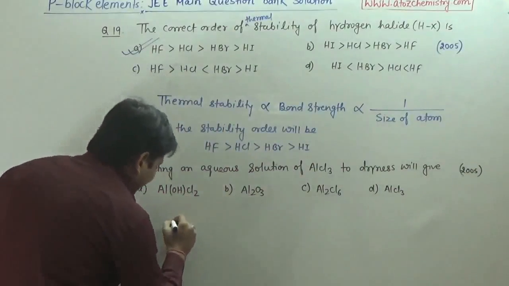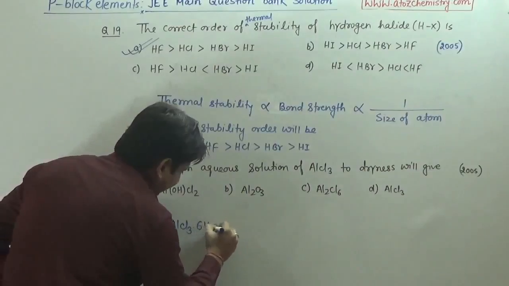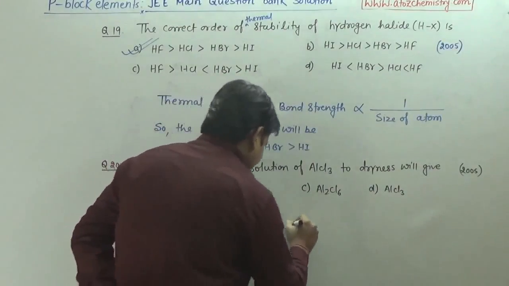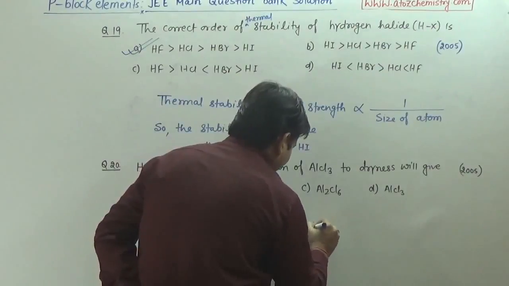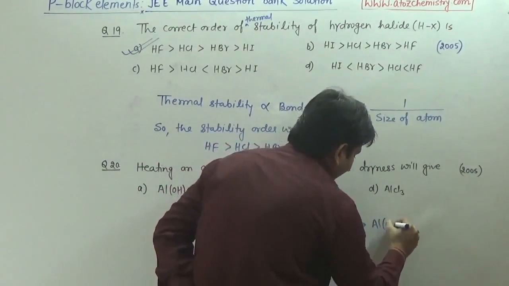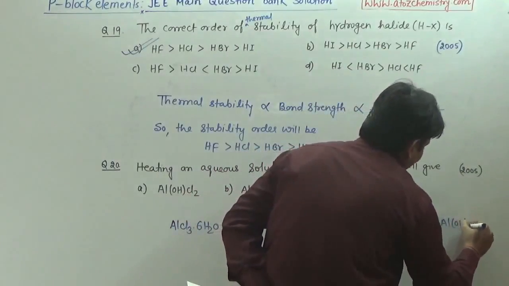Probably you know that if we heat AlCl3·6H2O, then first Al(OH)Cl2 is formed, and then Al(OH)2Cl, and then Al(OH)3 is formed.